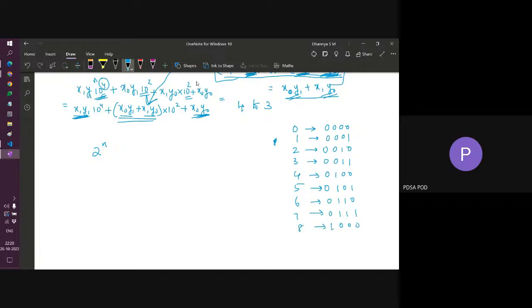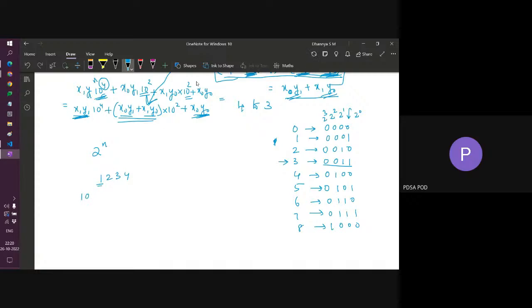Now this digit is for 2 power 0. This is 2 power 1. This is 2 power 2. This is 2 power 3. So what it means is, say suppose you take 3. How do you compute, say, 1234 in decimal?